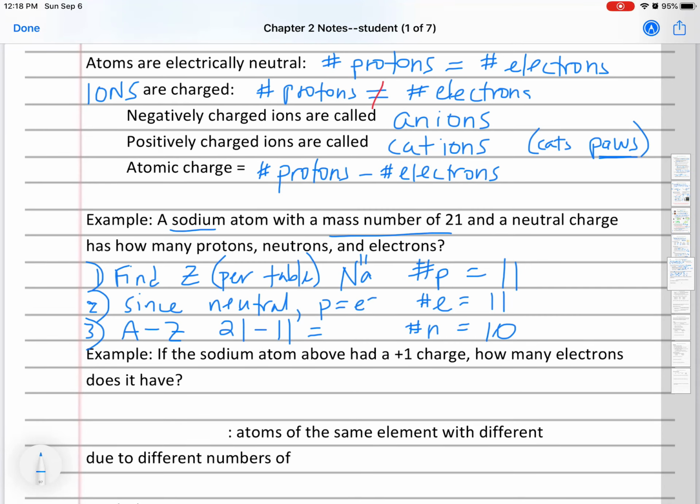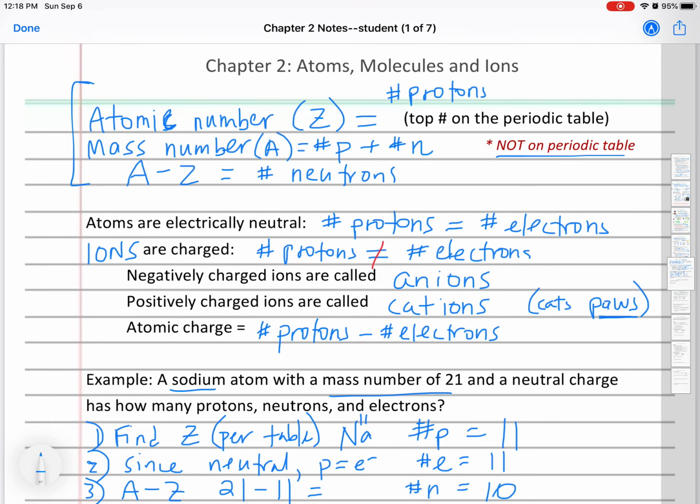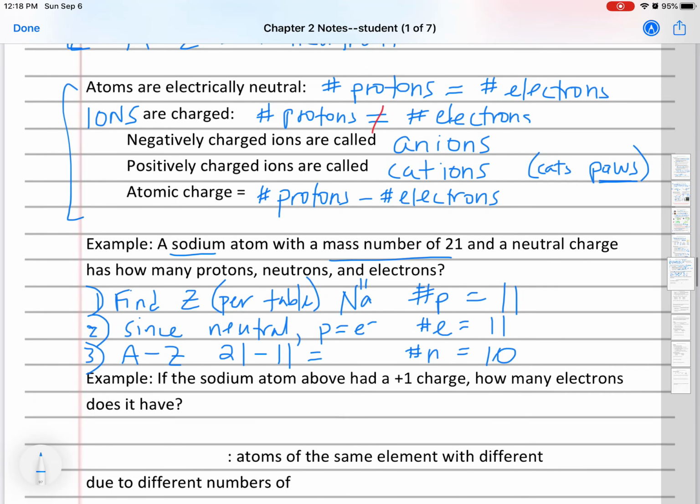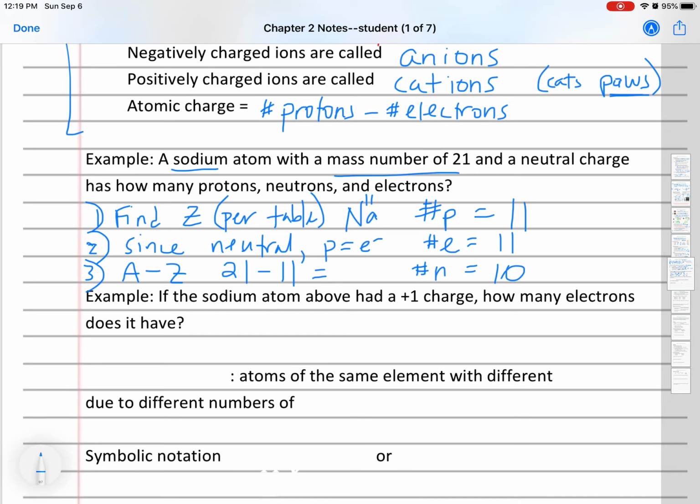Okay, so we just use these rules here, and these rules here, I guess, as well, to identify how many protons, neutrons, and electrons. And let's pretend this one is not an atom, but an ion. If the sodium atom above had a 1 plus charge, how many electrons does it have?